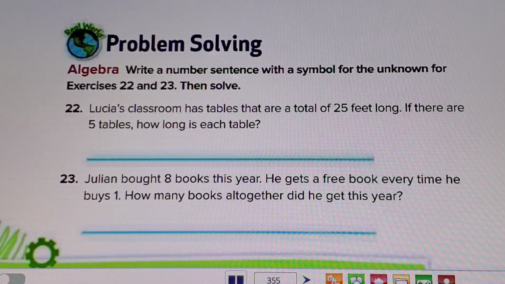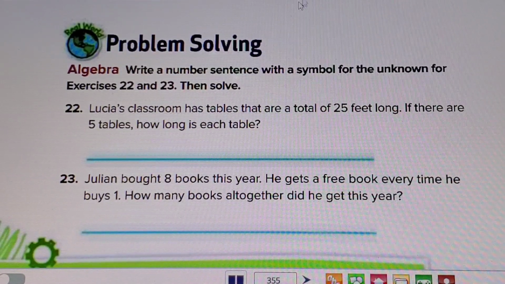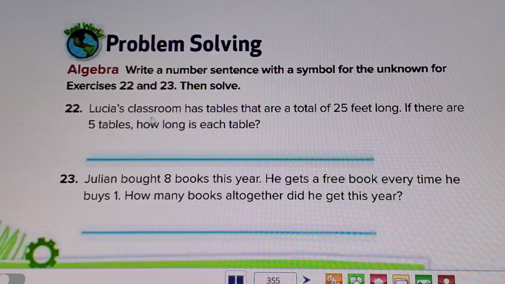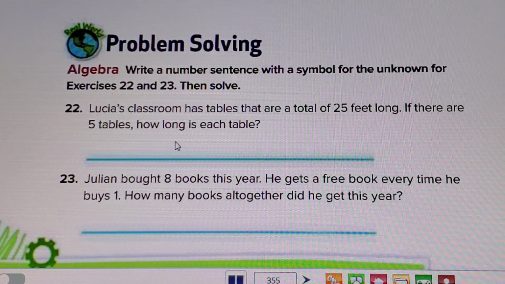Problem solving, algebra. Write a number sentence with a symbol for the unknown for exercises 22 and 23, then solve. Lucia's classroom has tables that are a total of 25 feet long. If there are 5 tables, how long is each table?